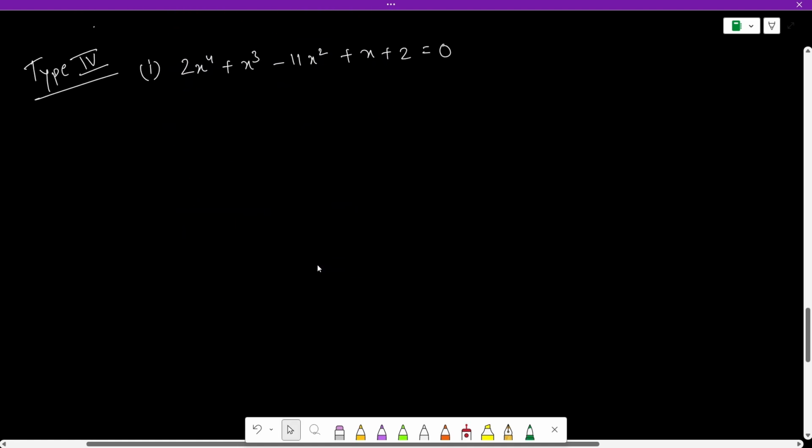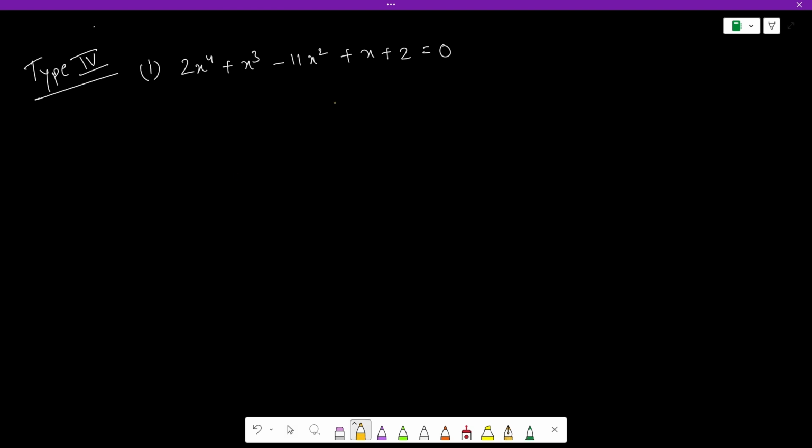Now let's move to our next type. So in this type what we notice is that these coefficients are the same, these both, these both. So what we can do is club them and then divide by x squared. So this becomes 2x squared plus 2 by x squared plus x plus 1 by x minus 11 equals 0.